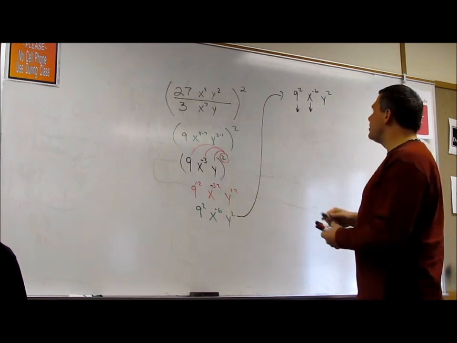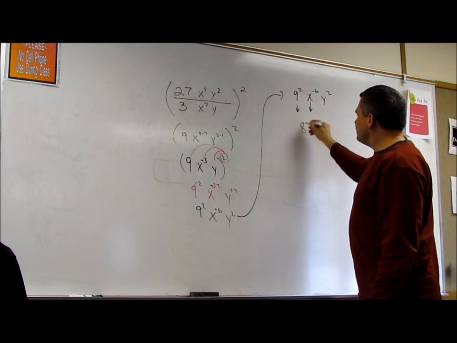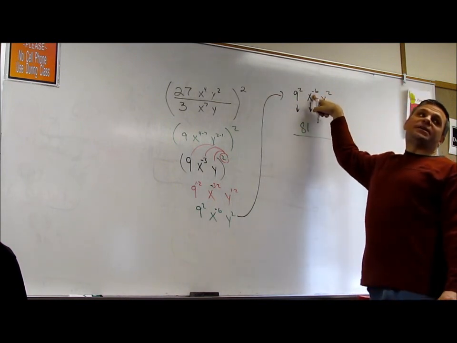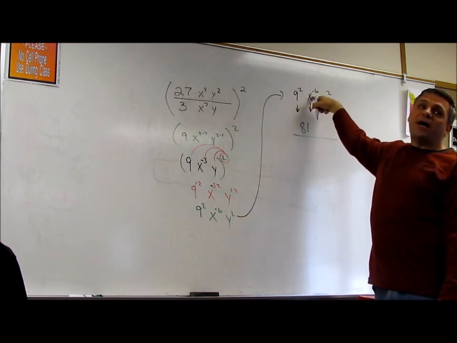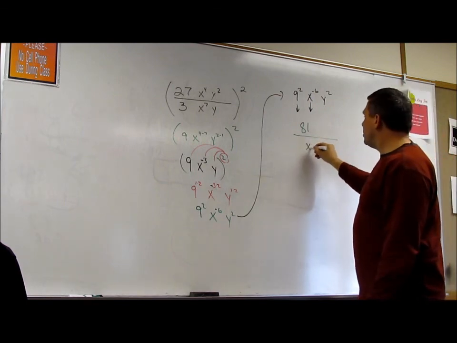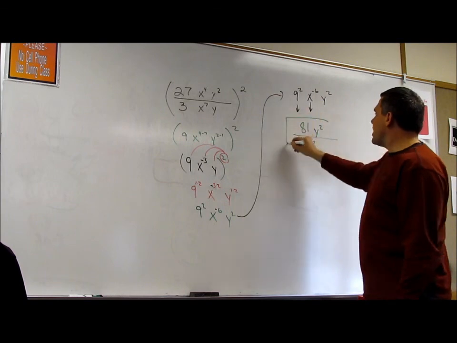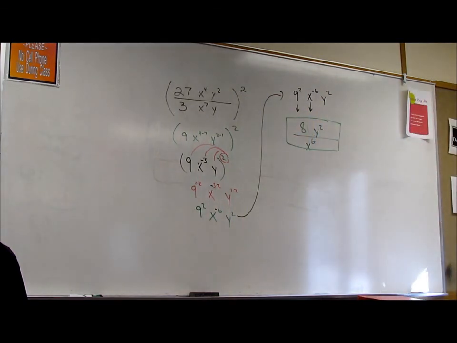I have 9 squared, which is 81. And I have x to the negative 6, so I'm going to make that negative 6 a positive 6 by putting it down below. And this is still positive, so it stays up above. And that's how these equations get manipulated.